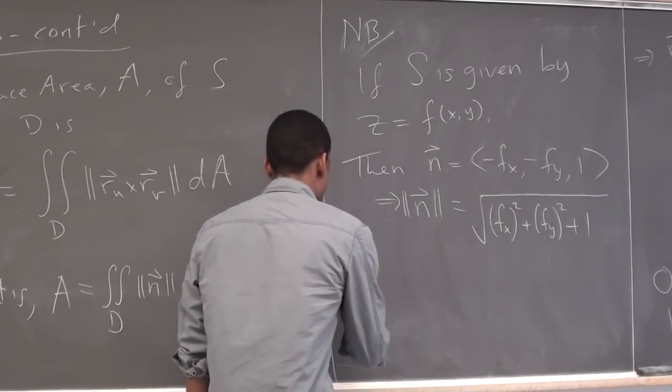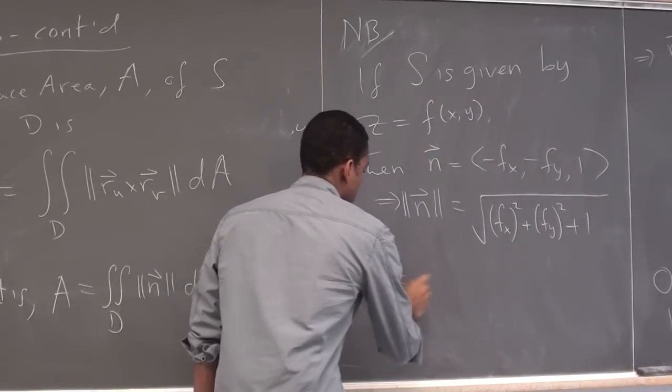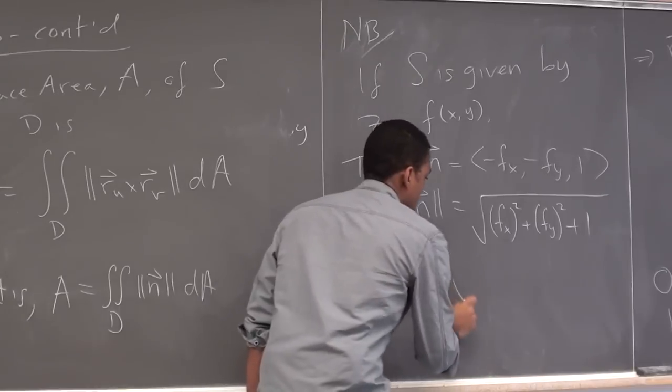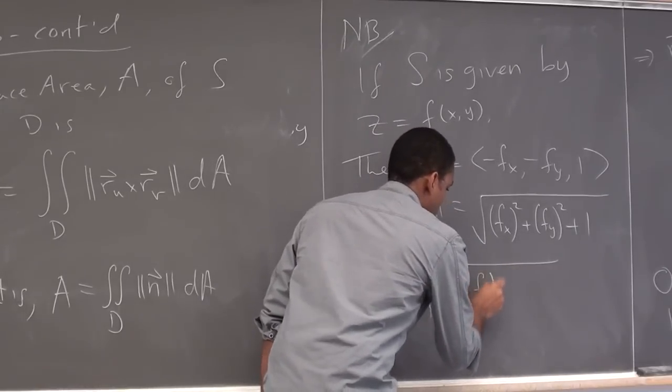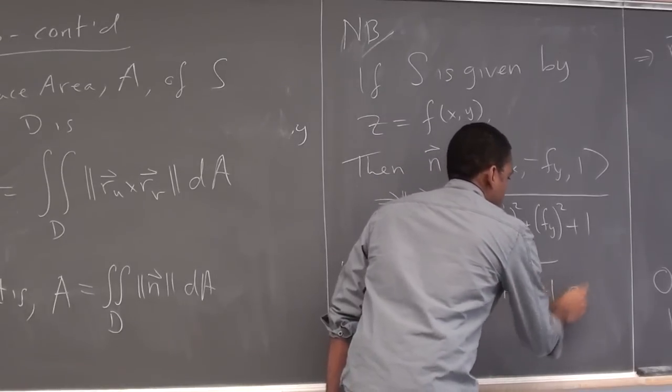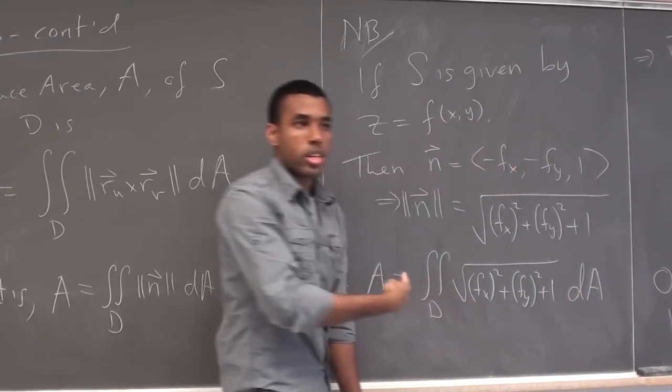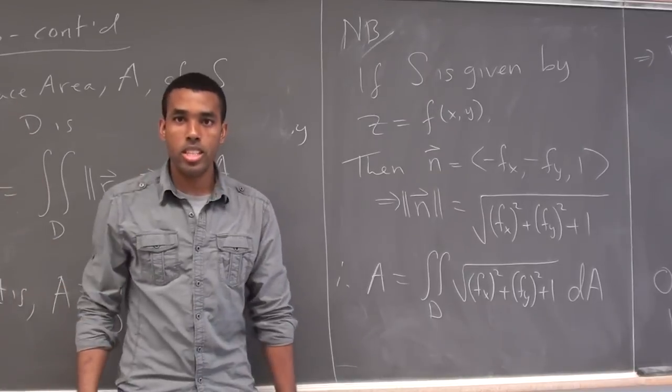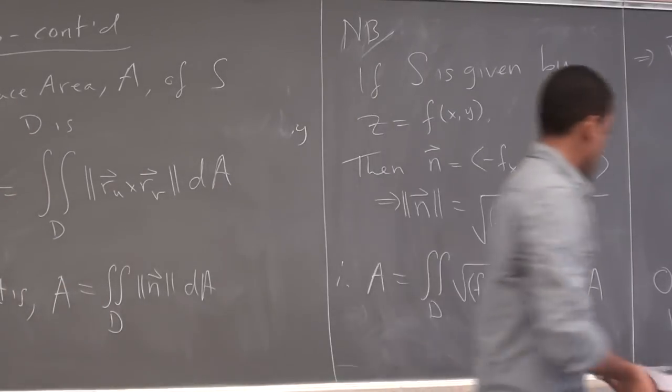Therefore, the area in this case is just going to be the double integral over D of the radical of fx squared plus fy squared plus 1. And that's the formula you learned in Calc 3. You can actually derive it using this formula.